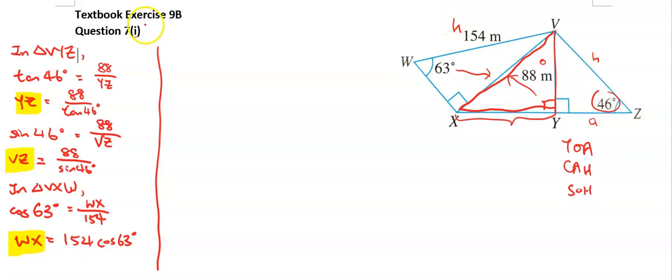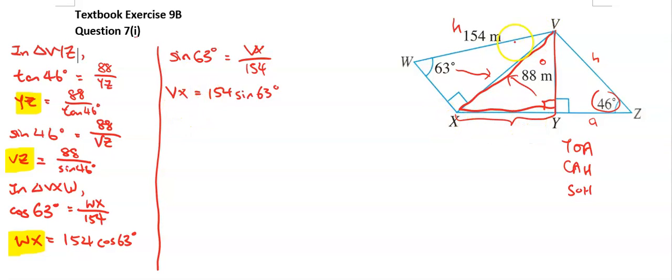Opposite and hypotenuse, so sine 63 degrees will be VX over 154, which is the hypotenuse in triangle VWX. So VX equals 154 sine 63 degrees. You can use a calculator to evaluate the value, or leave it like this and use it to calculate XY.